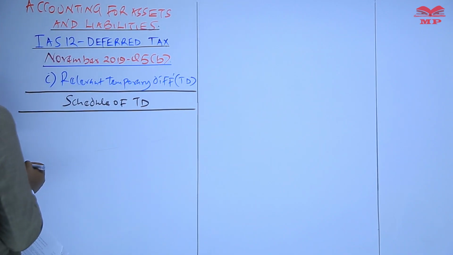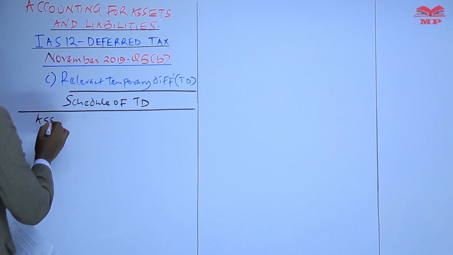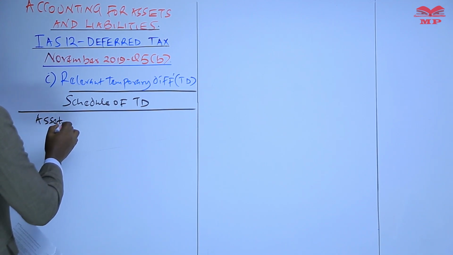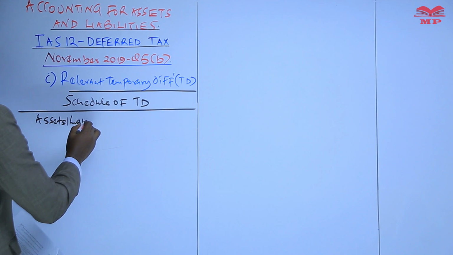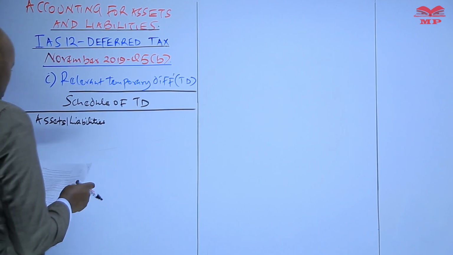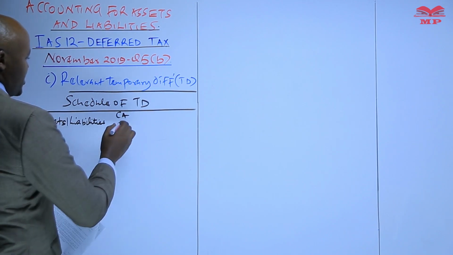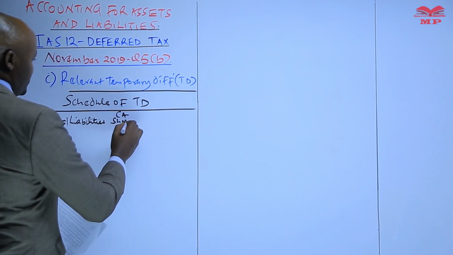So in this schedule, we need to have a number of columns. The first column will be for the items of assets and liabilities. The other column will be for carrying amount, and our figures there are given in millions of shillings.